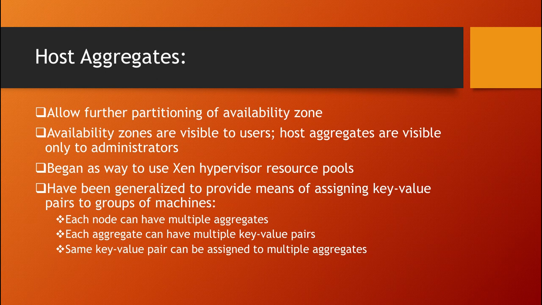This enables us to use Xen hypervisor resource pools inside your OpenStack platform, and this has been generalized to provide a means of assigning key value pairs to groups of machines.